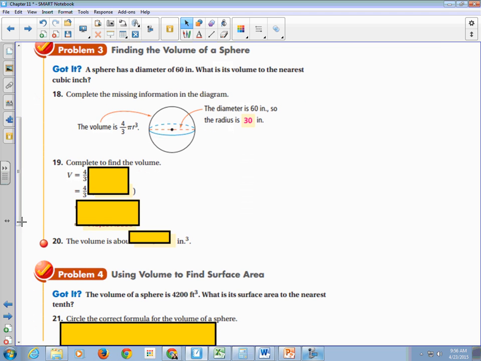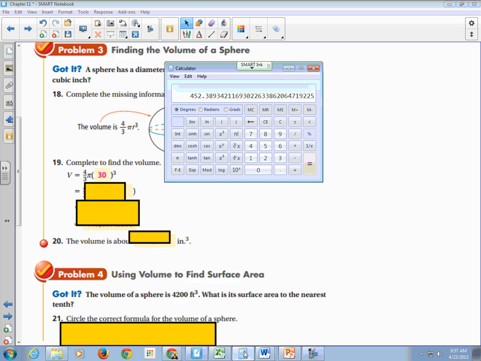To find the volume, we've got 4/3 pi times 30 cubed. Let me show you how I'm doing that on my calculator. I go 4 divided by 3 times pi times 30 cubed.